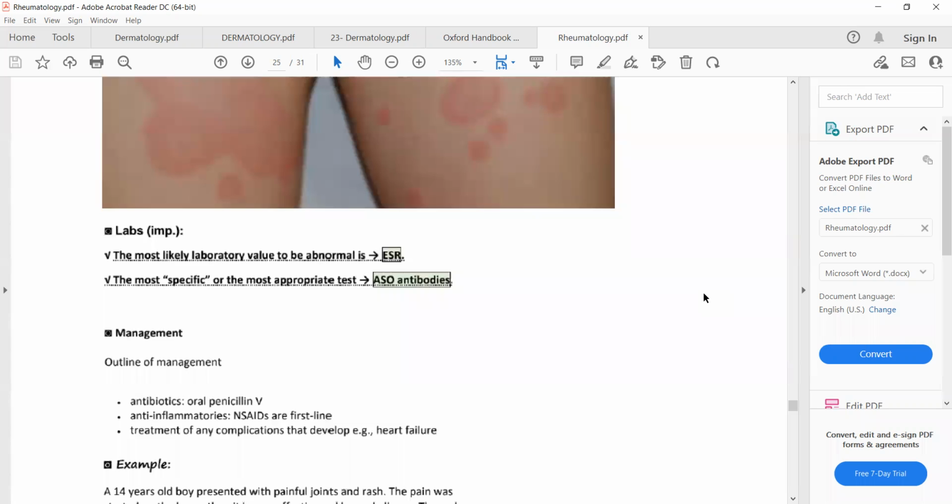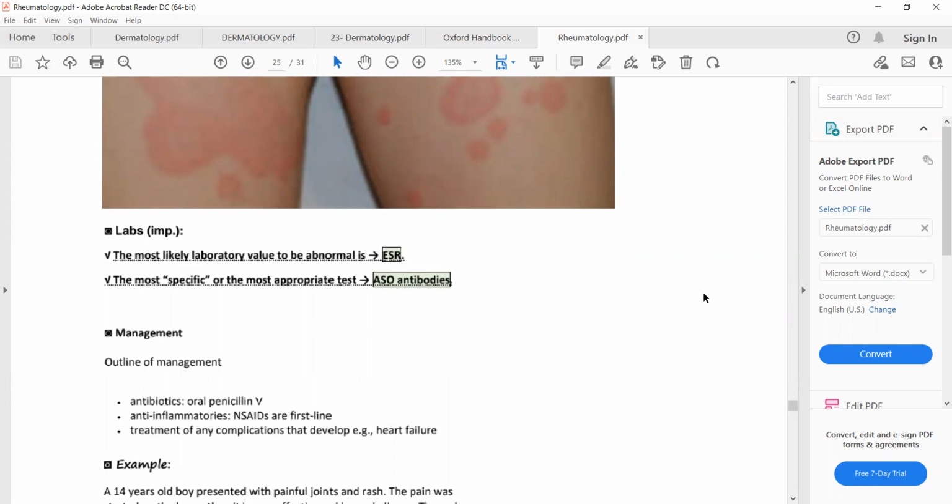Because we discussed that ESR is a non-specific marker of inflammation, it is raised in other conditions as well. But raised ESR is a lab abnormality that is present in almost all patients with rheumatic fever. So if they ask you about the most likely laboratory value to be abnormal, then it will be ESR.